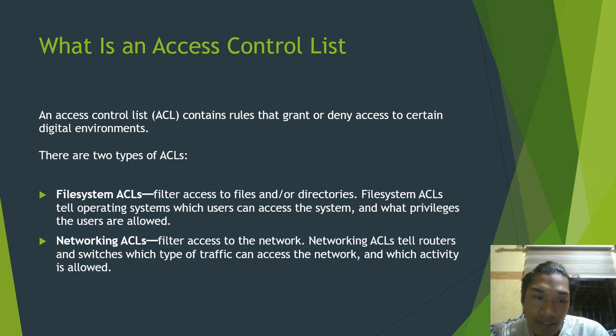File system ACLs tell operating systems which users can access the system and what privileges the users are allowed. While networking ACLs filter access to the network. Networking ACLs tell routers and switches which type of traffic can access the network and which activity is allowed.